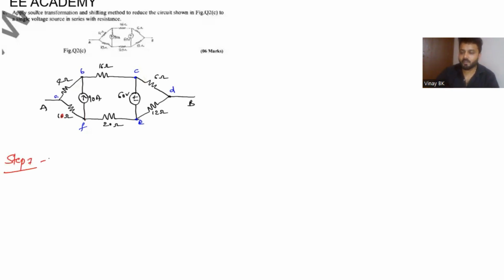So now I'll go to the solution. Step 1: shifting. Shift the 90 ampere current source from F to A and A to B, that is the direction, and the original current source becomes 0, that is nothing but an open circuit.